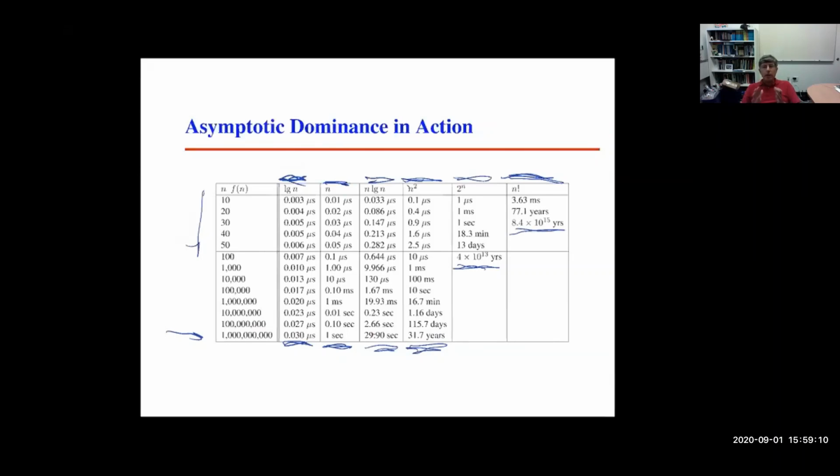Does everybody see that these complexity functions make a big difference when n gets big? What's interesting is we can break all algorithms into a relatively small number of these complexity classes, where their analysis of running time is typically, in this class, going to be one of these. Not always, but typically.